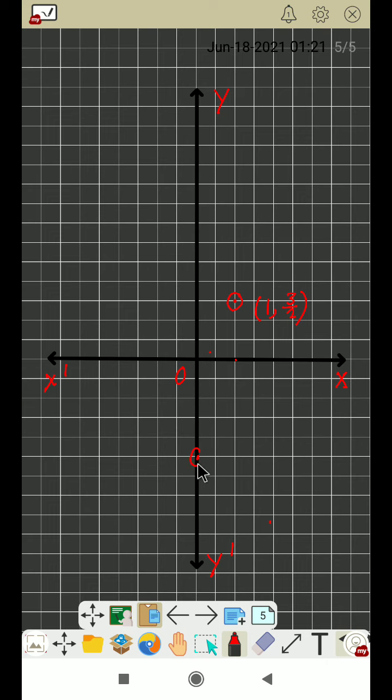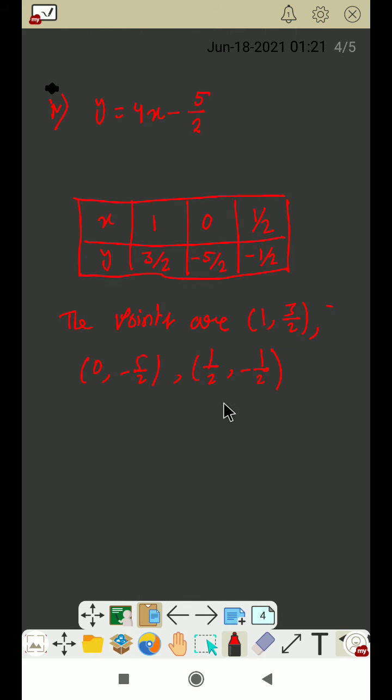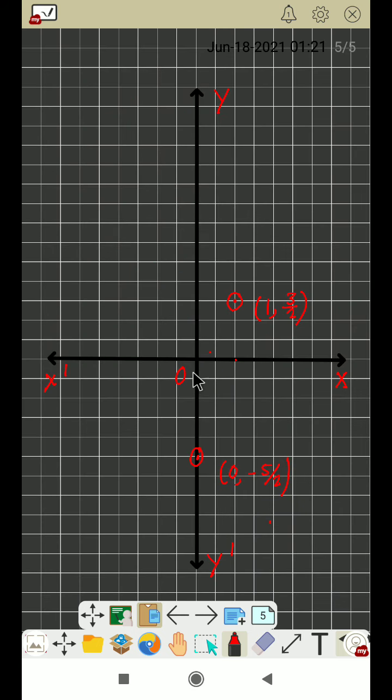So this is 0 comma minus 5 by 2. Now the last one given here is half comma minus half. So it will be half in the positive direction of the x-axis, and in the negative direction of the y-axis, this is minus half. So this point is half comma minus half.